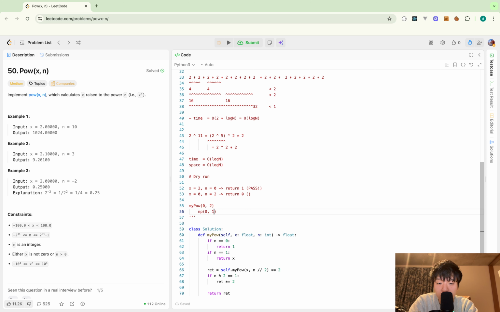Because n is 2, which modulo 2 is 0, I go to line 70 and I return this one.